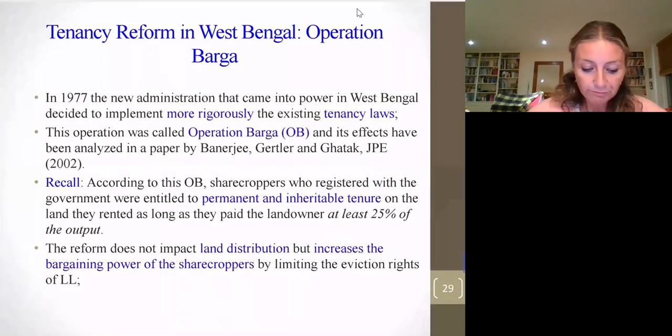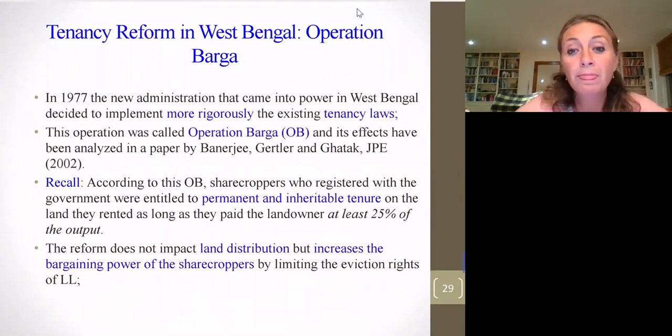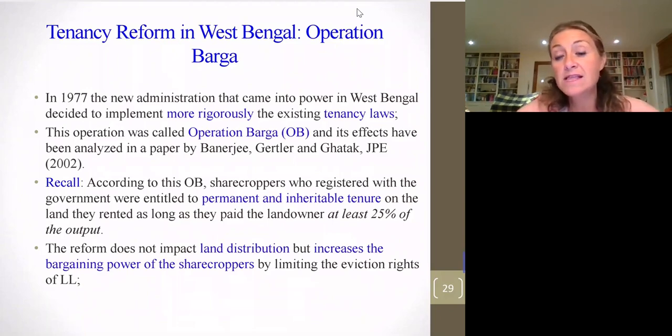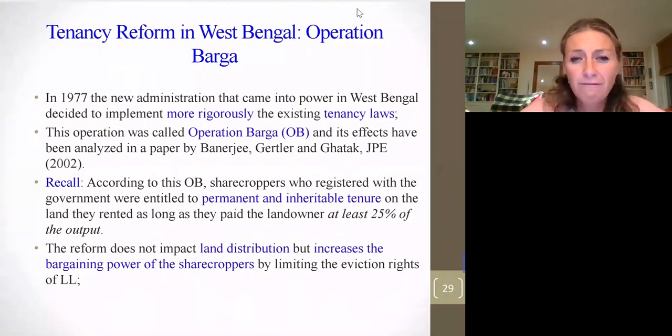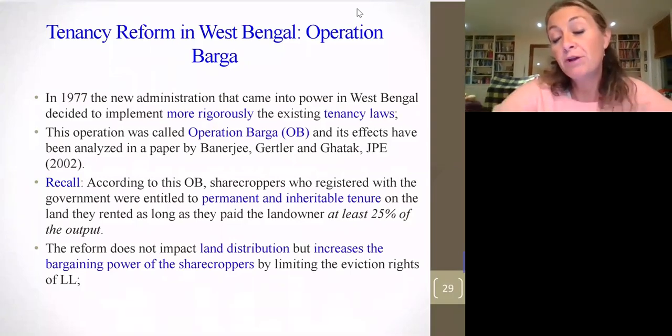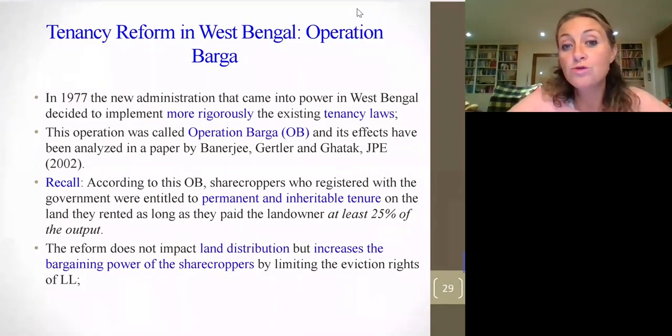So first of all, remember that this operation happened in 1977 when a new administration came into power and decided to implement the existing law, which was around since 1950 something, 55 I believe. So the law was there, but practically it was not enforced.